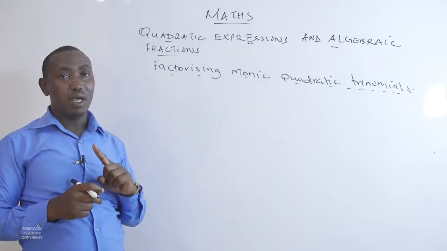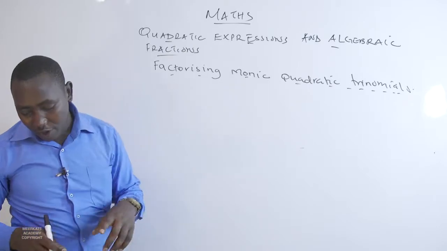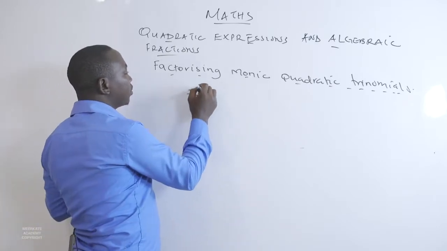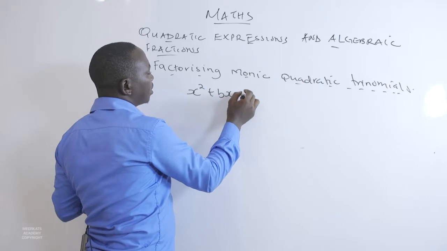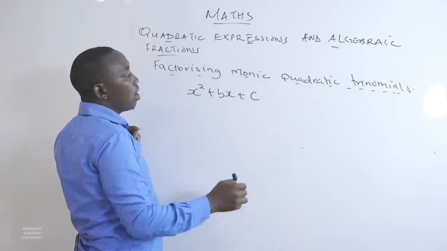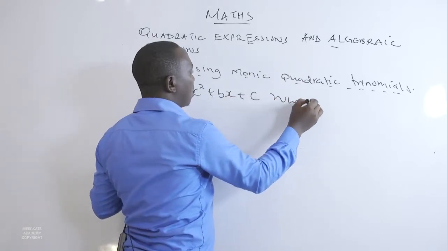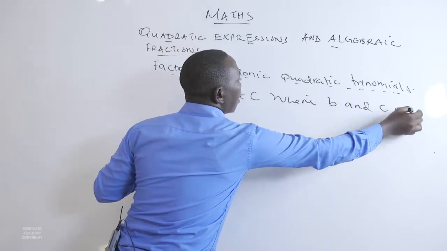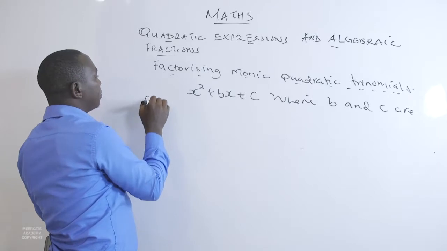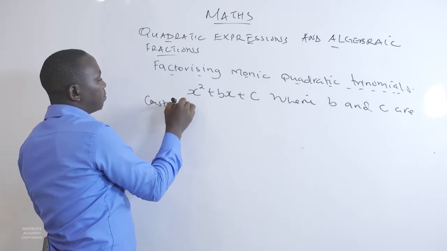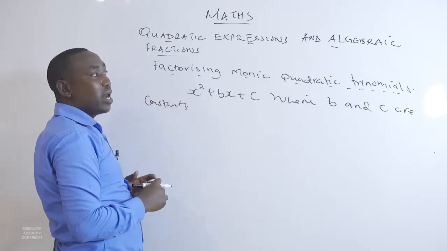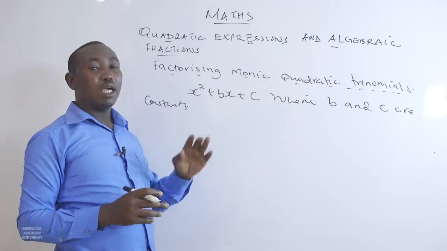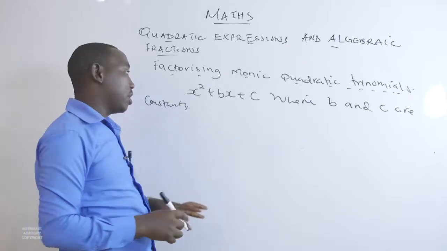So an expression of the form x squared plus bx plus c, where b and c are constants, will be referred to as a monic quadratic trinomial.